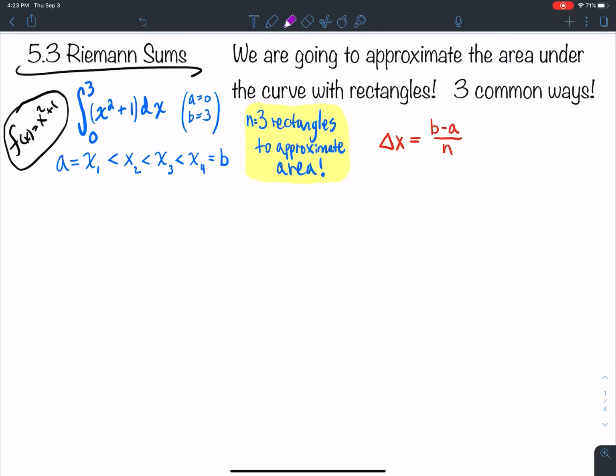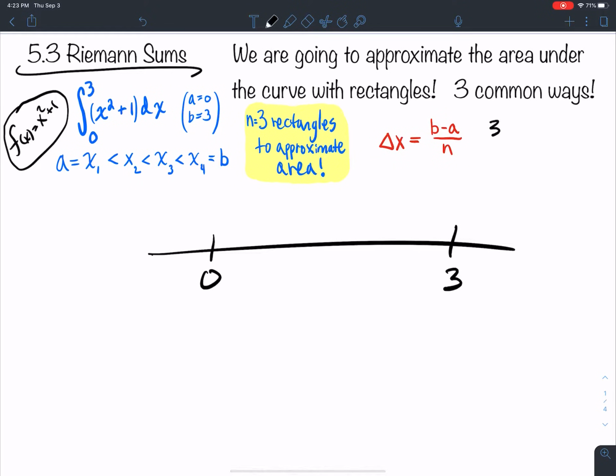To figure out how long to make each subinterval, we take the length of the interval and divide by how many rectangles we want. Makes pretty common sense. If I have an interval from 0 to 3 and I want to divide it into 3 pieces, I take 3 minus 0 and divide by 3, and that gives me 1.